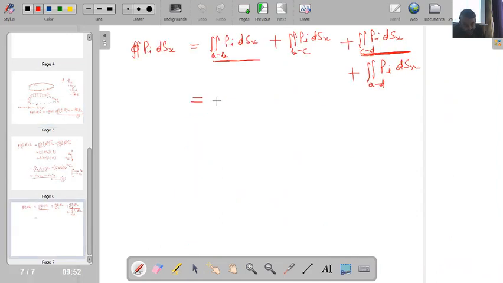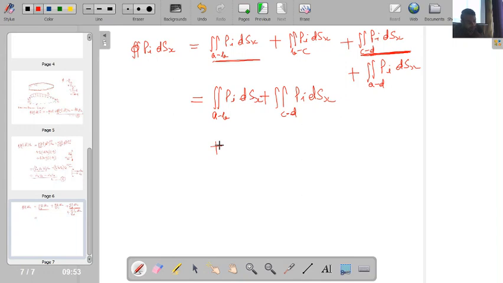So first let me write these two terms which remain as they are: A to B pi ds x plus C to D pi ds x. These I cannot change.